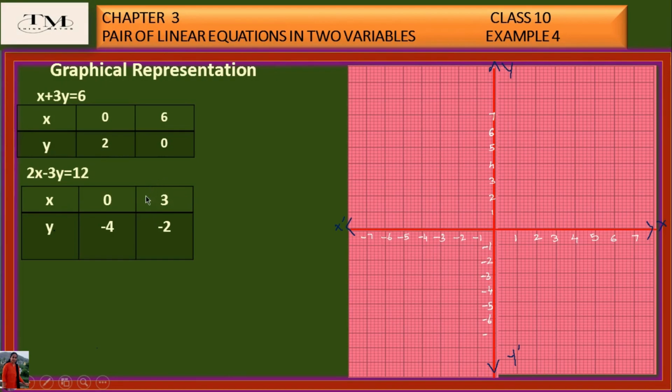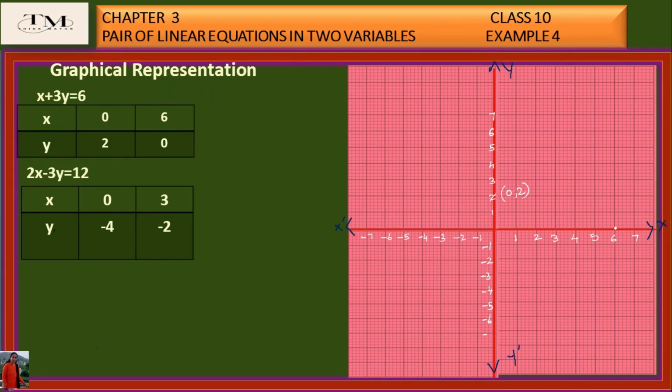So I took the table here. Now we have to plot the points. For the first equation, x plus 3y equal to 6, the points are 0, 2. So 0 is here in the y-axis, the 2 is here. So this is 0, 2. Next is 6, 0.